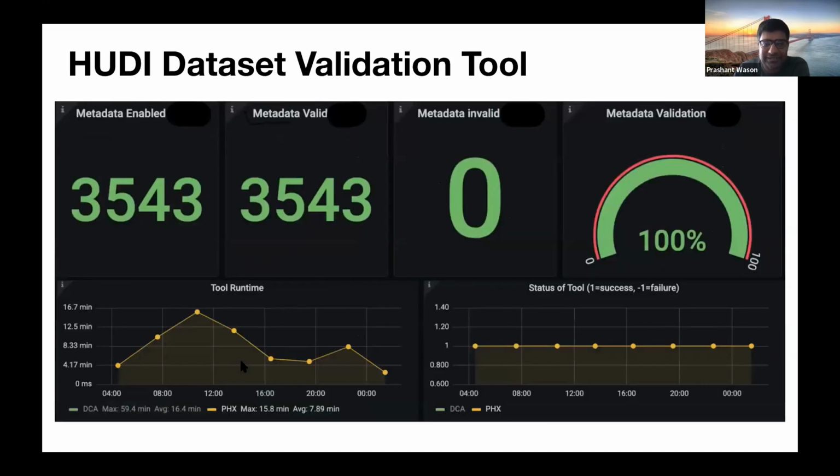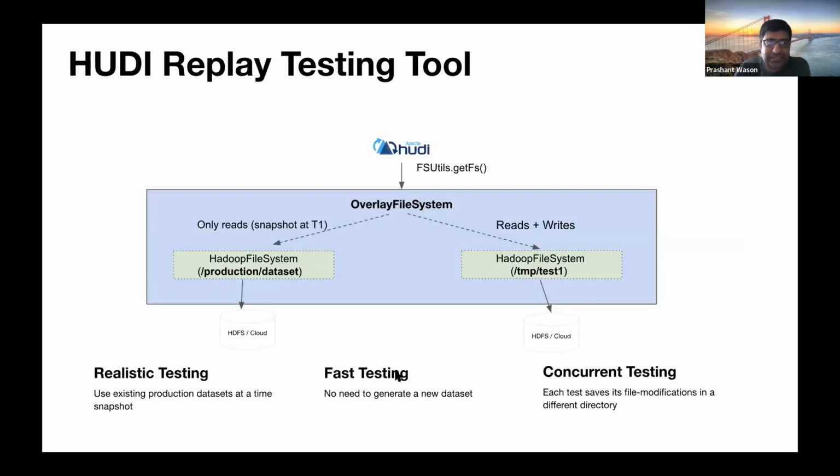The validation tool similarly works on all the production data sets and can figure out which data sets are valid, invalid, and it runs very quickly. Now, this is one of the tools we developed, which allows us to test production data sets.